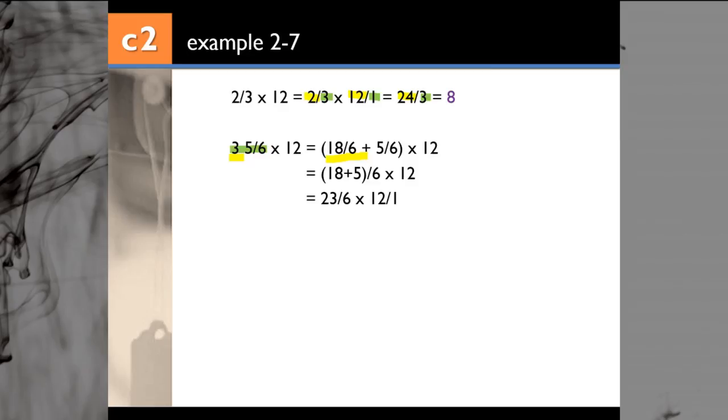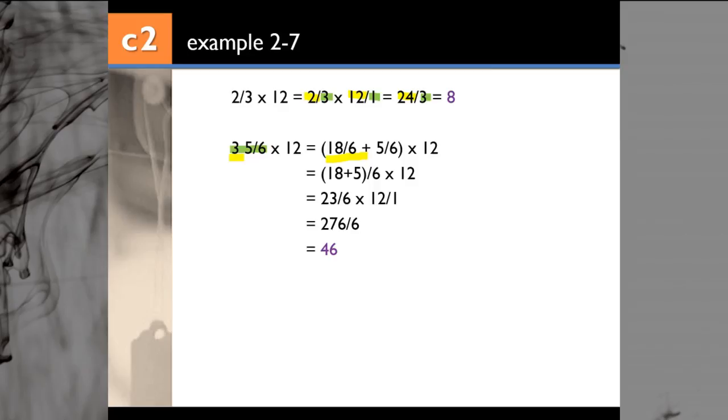That is 23 over 6 multiplied by 12 over 1, and you get 276 divided by 6. If you divide 276 by 6, you get 46.